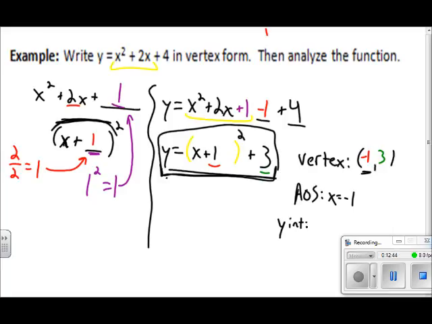Again, if we wanted to use this equation, we'd have to plug in 0 for x, or it might be easier just to look back at this equation from before and see that it is 4. So those are both valid ways to determine that. So we have found our function in vertex form, and we analyze it, finding our vertex, the axis of symmetry, and the y-intercept.